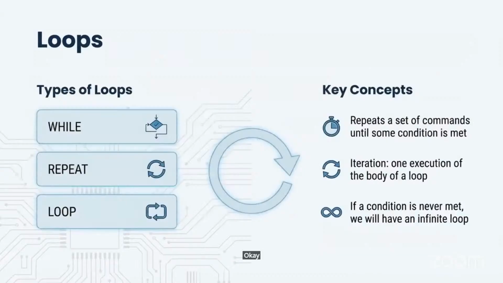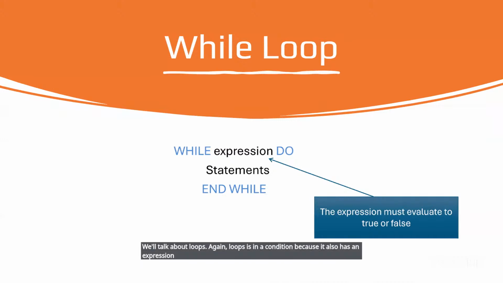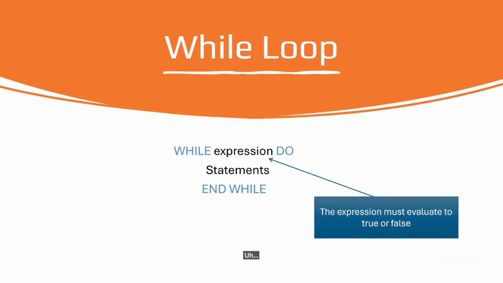Okay. Now we'll talk about loops. Again, loops are a kind of condition because they also have an expression that they evaluate, right? Only once that expression is dissatisfied, then the loop is going to be jumped out of.